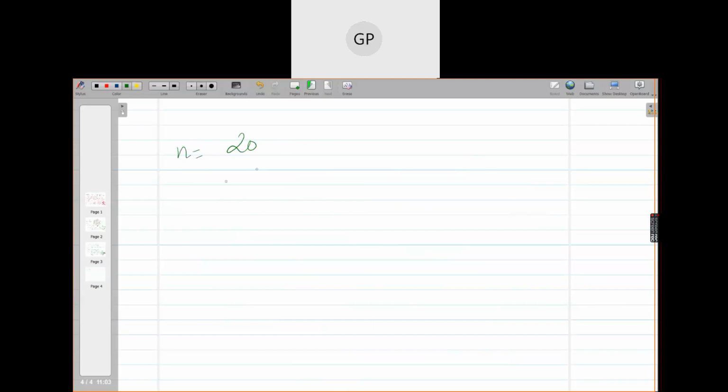So how many edges will be there in a complete graph K20? In K20, how many edges are there? Tell me.